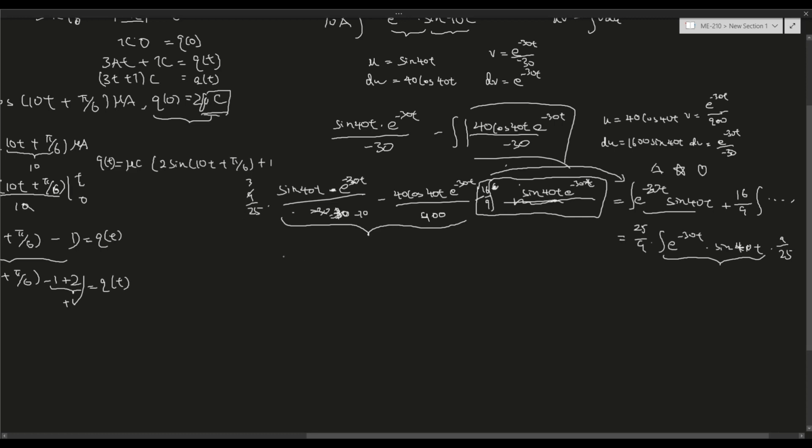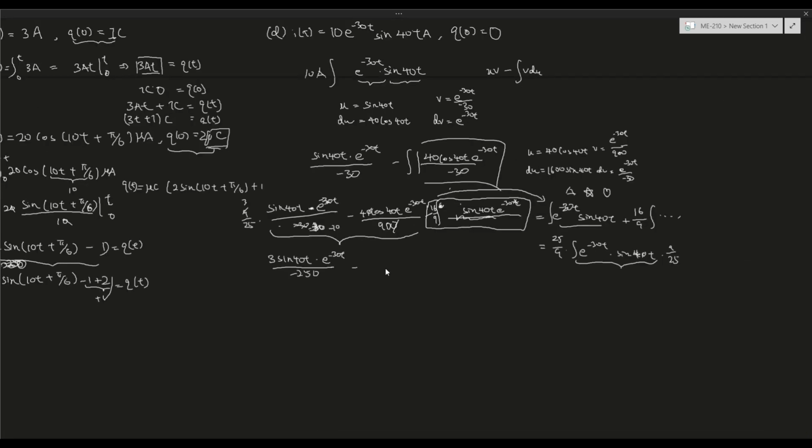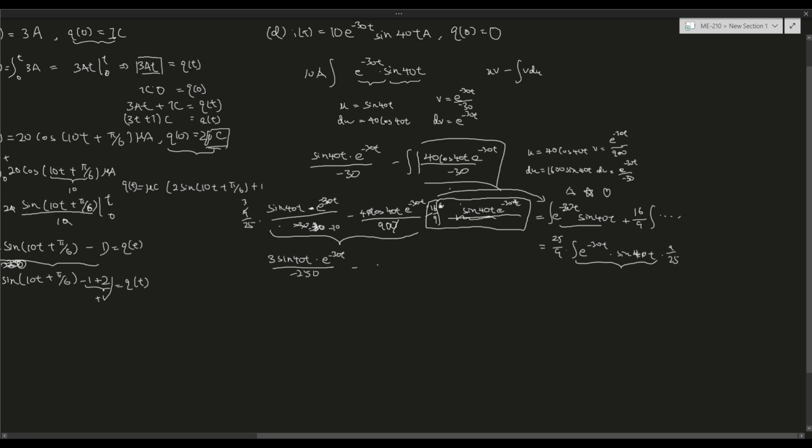And this would be 3 times sine of 40t times e to the power of negative 30t over 25 times negative 10, negative 250. Minus, here's 40 and 900. So we simplify this equation first, which gives us 4 over 90, right? And cosine of 40t times e to the power of negative 30t.